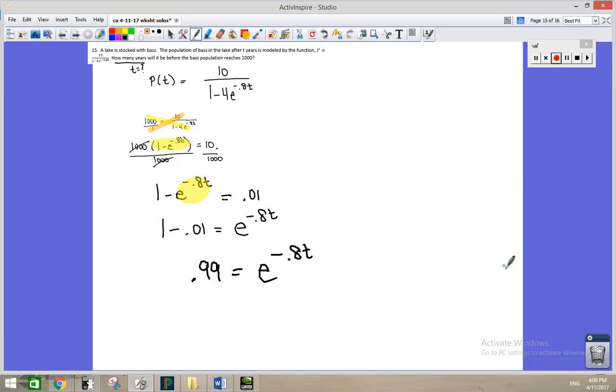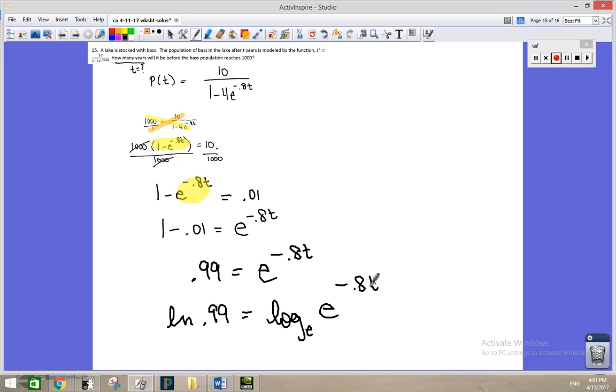I need to take the log of each side now so that my variable that's currently in an exponent will come down, where we can use the properties of adding, subtracting, multiplying, and dividing both sides of the equation to get t by itself. So if I take the natural log of the left-hand side, I have to take the natural log of the right-hand side, but I'm going to write it as log base e.